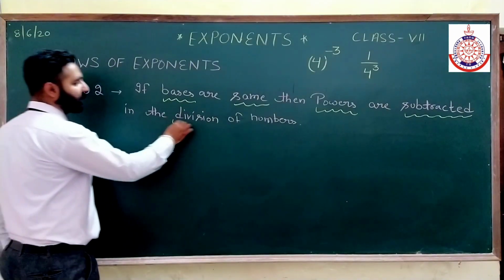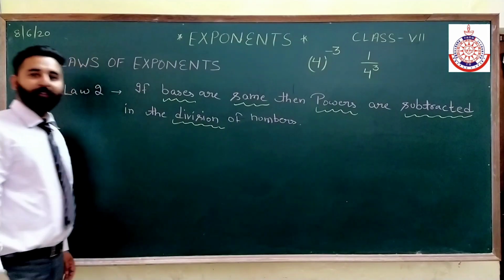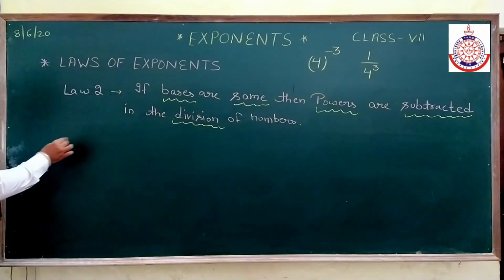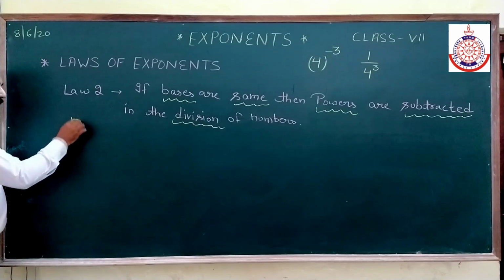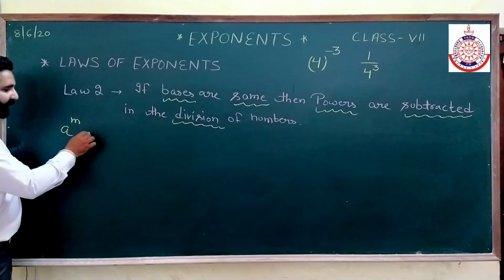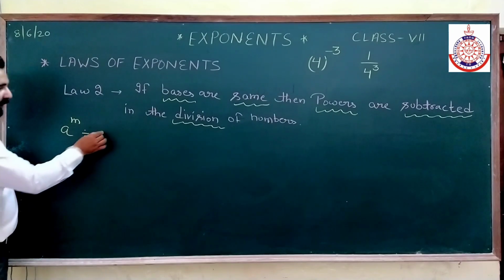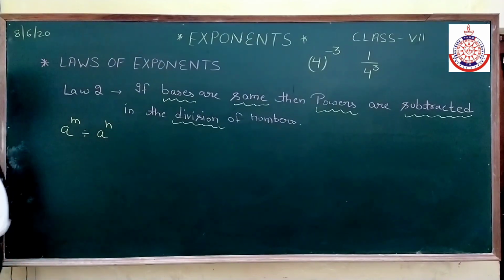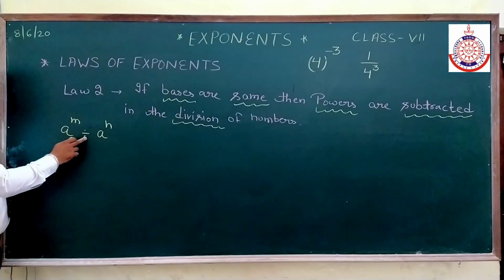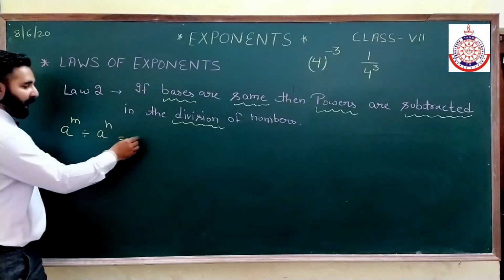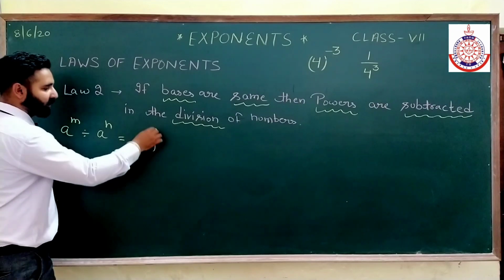In the case of division of numbers. Means if we have a raised to power m divided by a raised to power n. Now bases are same, numbers are in division, then we have to subtract the powers.